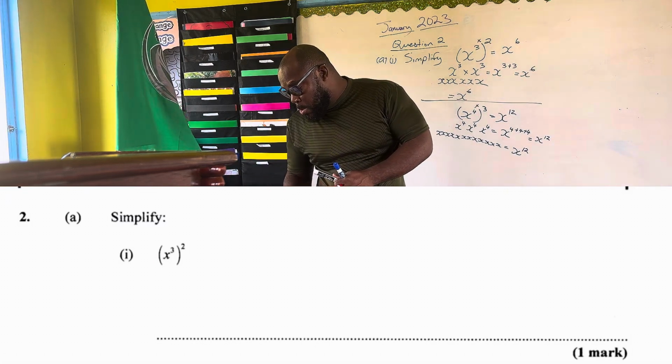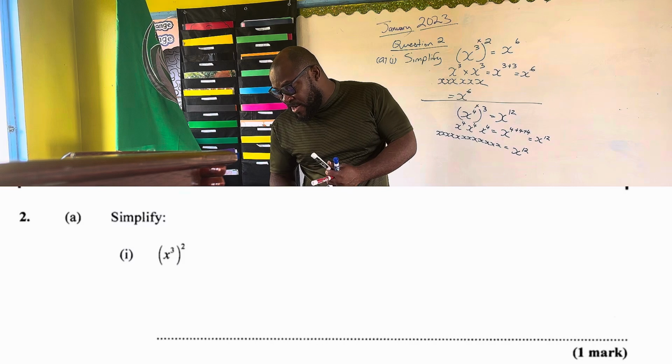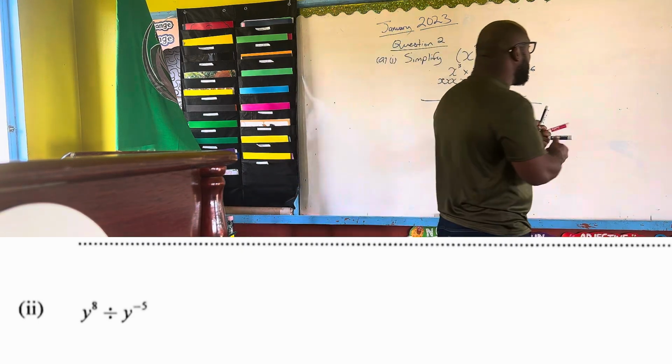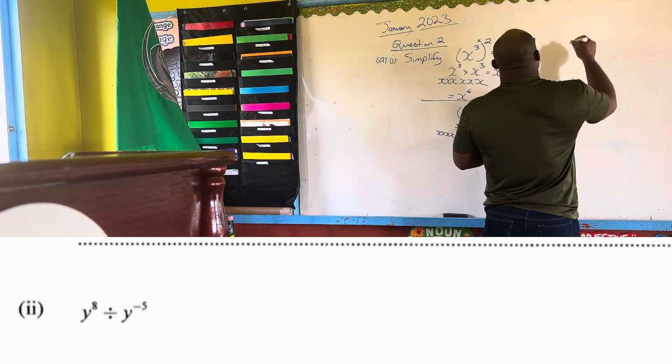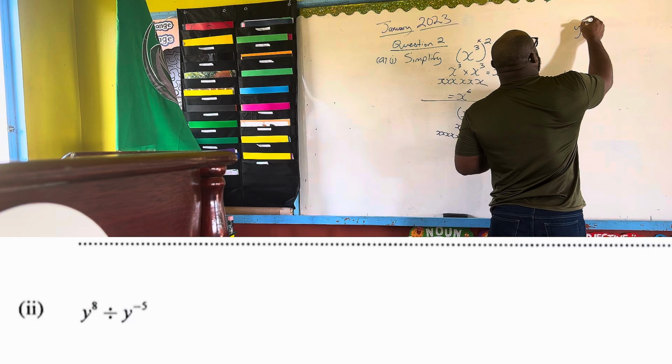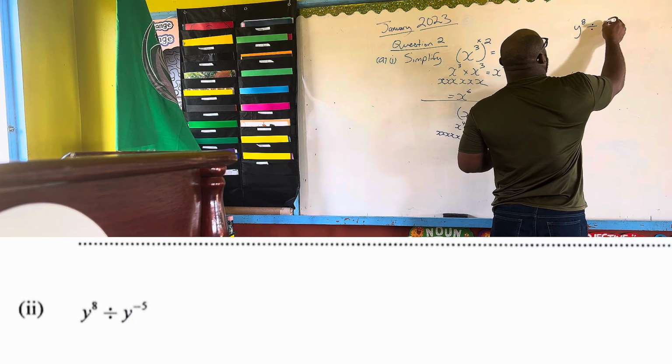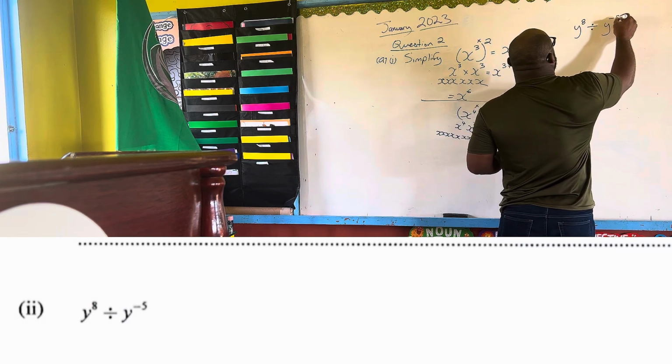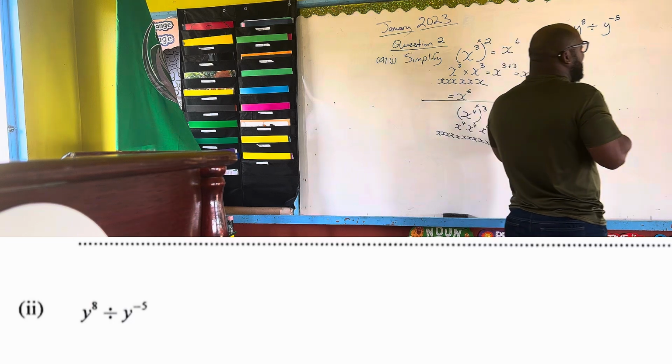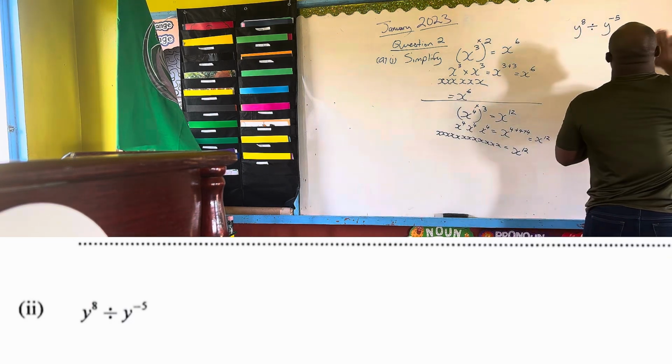Alright. Then we have y to the 8 divided by y to the negative 5. I want to explain something here about this negative sign.